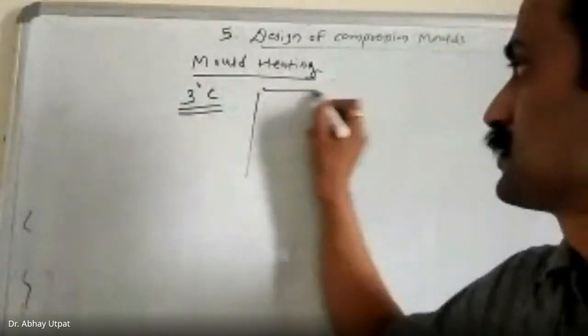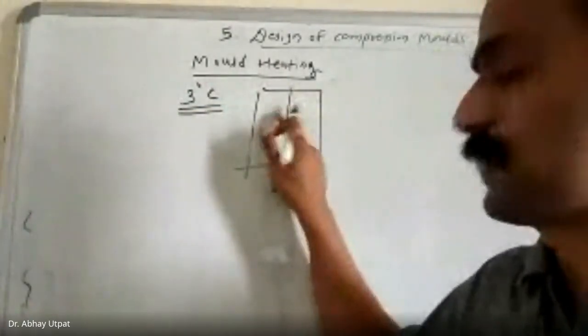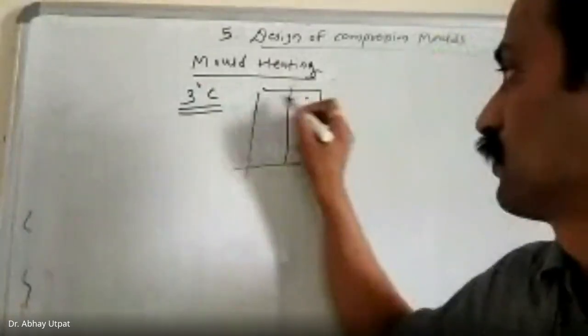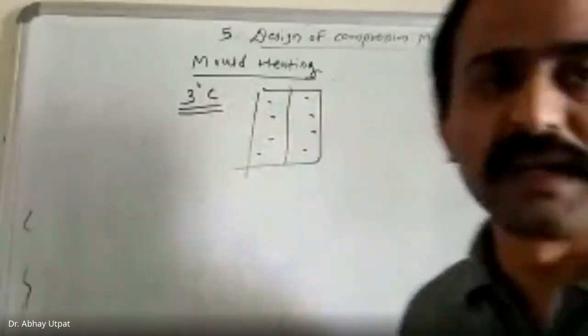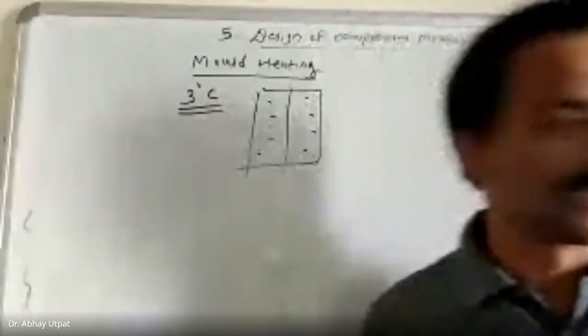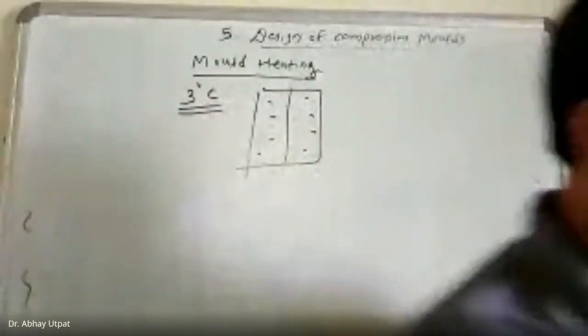Means if this is your mold, this is first half, this is second half. So you are going to check the temperatures. You should find a difference of 3 degrees. So that is permitted. Tolerance is given.